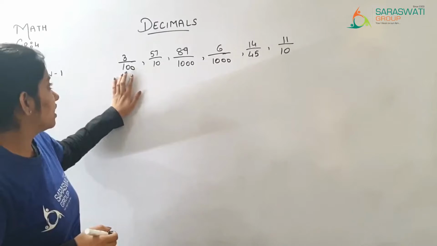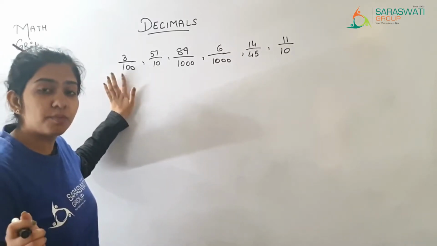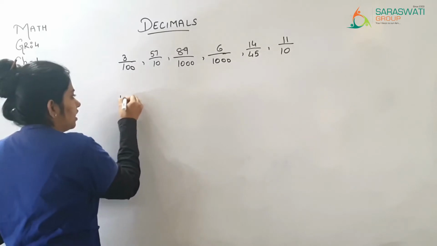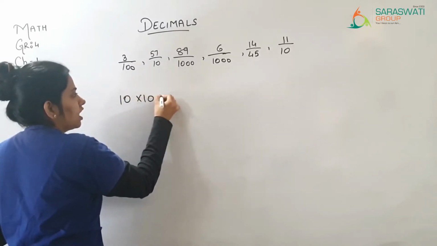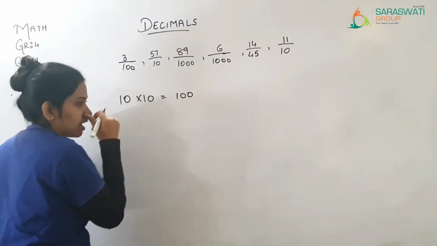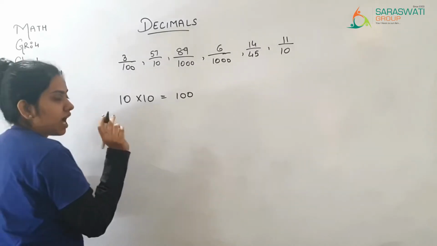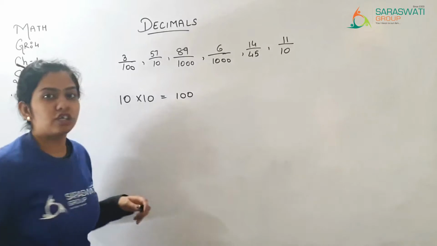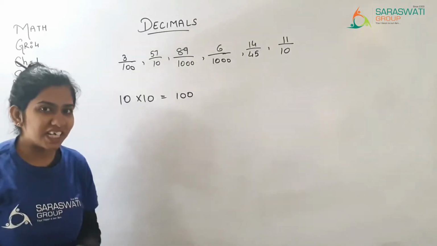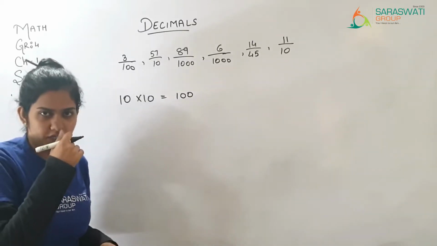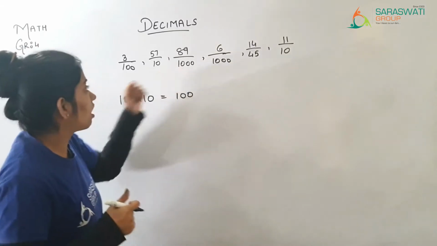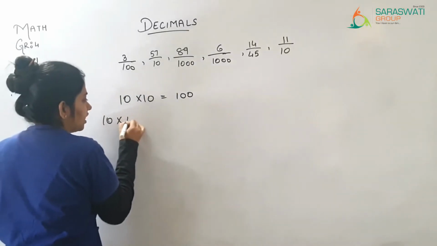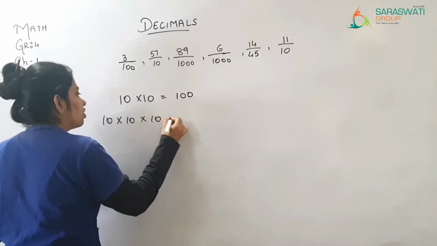कैसे? ये जो 100 है तो 100 is the product of 2 tens. यानी कि 2 बार 10 लिखेंगे तो हमें क्या मिलेगा? 10 10 का 100. Product means answer, the way which we get. तो वो 2 बार 10 की product हुई, 2 tens product, right? Then this 1000 is 3 tens product. 10 into 10 into 10, 3 tens.